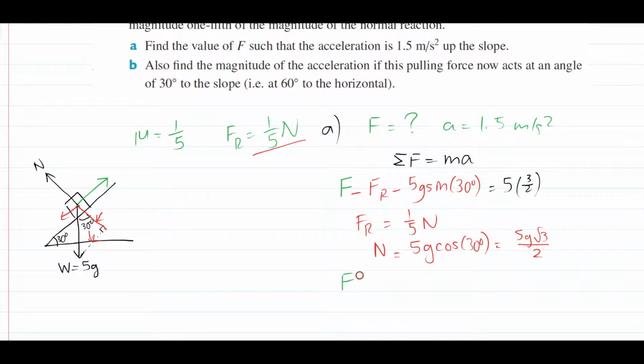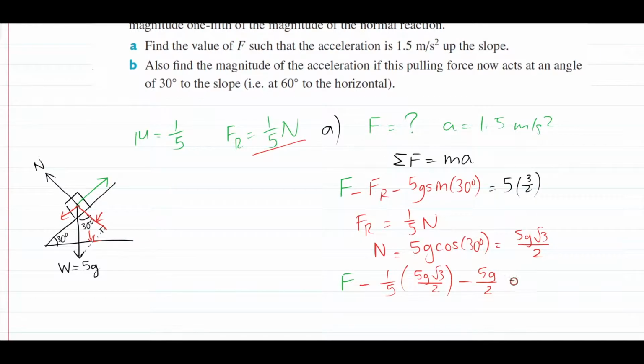So F, we're solving for F, minus our friction force, which is 1/5 times N. We have 1/5 times the normal force, which is 5g root 3 over 2. And we also have to minus 5g sine 30. Sine 30 degrees is half, so it's 5g over 2.